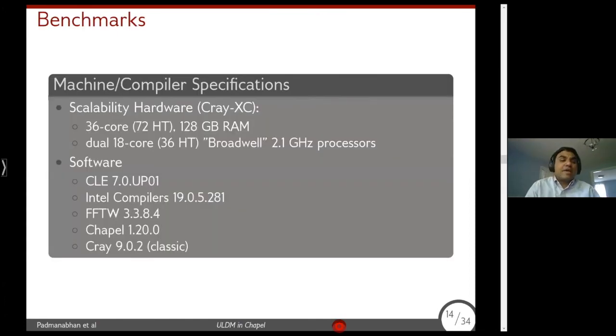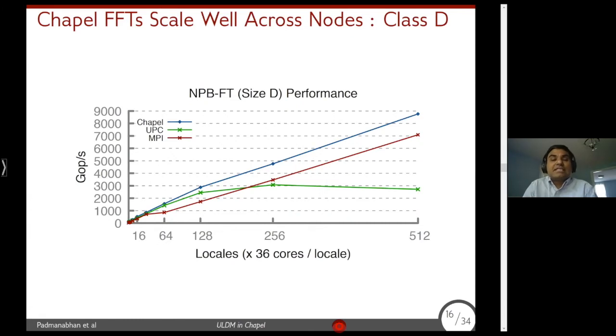So let me show you some benchmarks. I'll skip these. You can see these in the slides. Here are the benchmarks. These are for the NAS NPB Fourier transform version, and there are 3 separate classes. Each class is 8 times bigger than the other, and we're comparing a reference MPI and UPC code with Chapel, and now this is the fully optimized version.